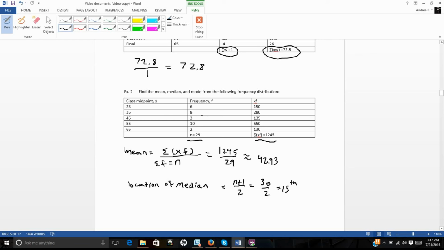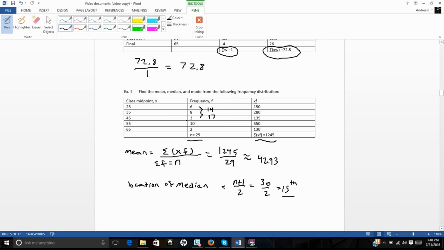So to figure out where this 15th value is in your frequency distribution, we need to look at our frequencies. If we look at our first two, we have frequencies of 6 and 8. If we add those together, we have 14 there, so we're still not to the 15th one yet. If we add on the next frequency, another 3, then we'd be at 17.